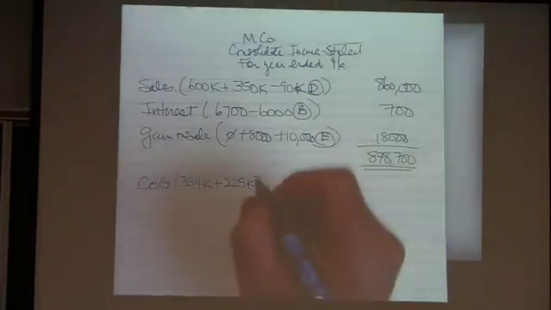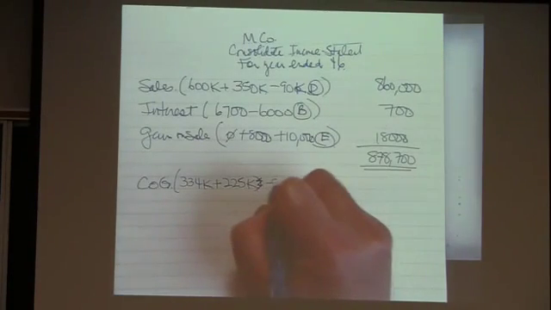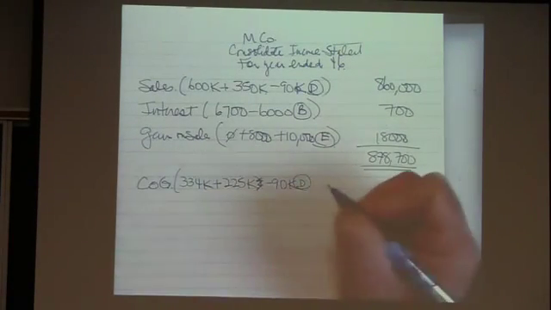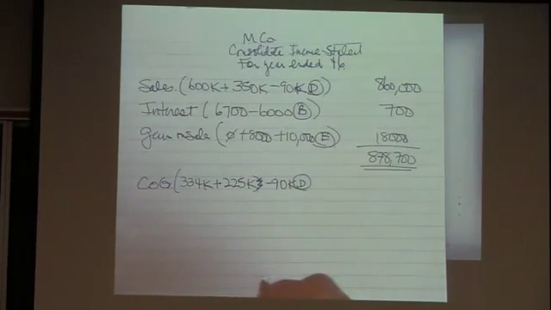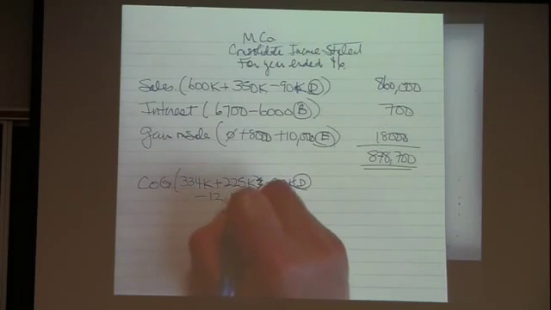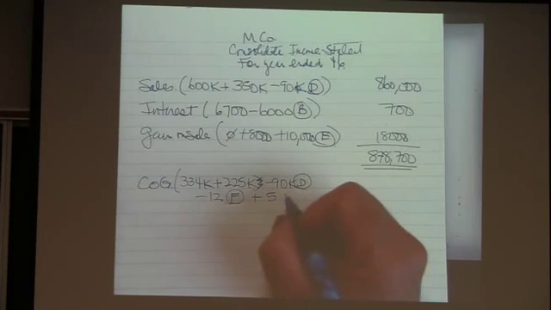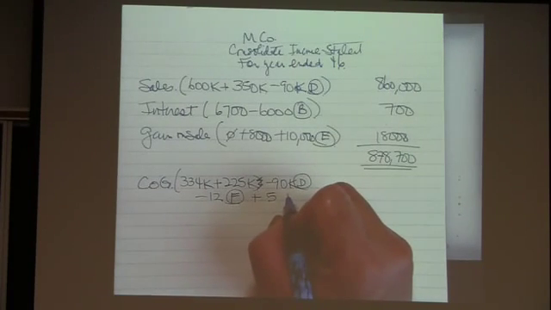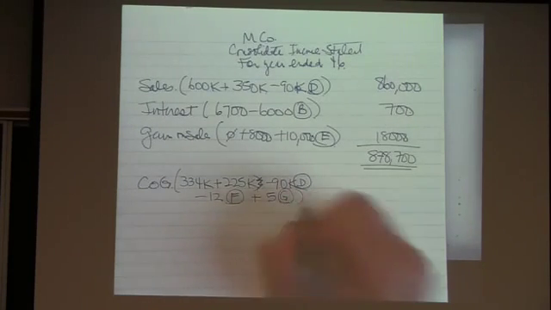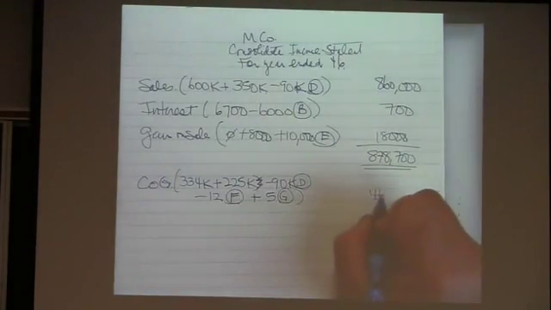So first we're going to take away the 90. Then we're going to adjust for the inventory. So we're going to subtract 12 plus the 5, and that gives us 462.